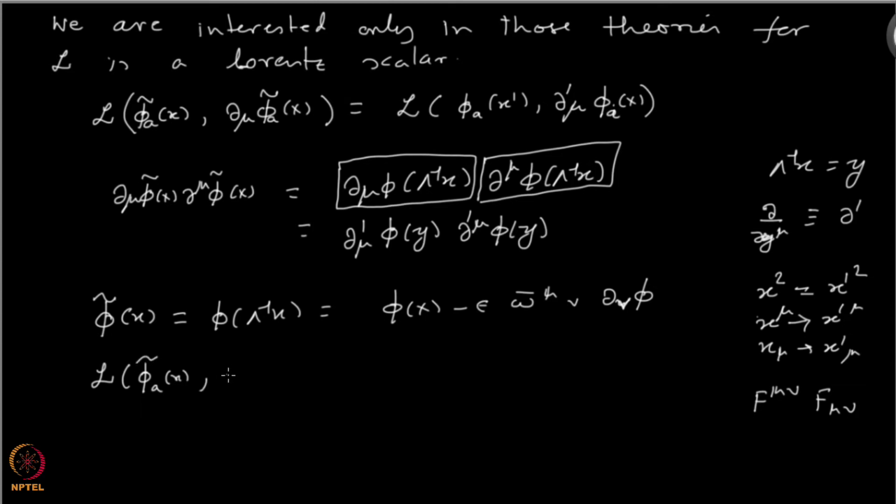So I'll look at the Lagrangian density at the transformed fields. And how should it transform? It should transform like this. So instead of phi, I can put L. But now L should be a function of phi at x.